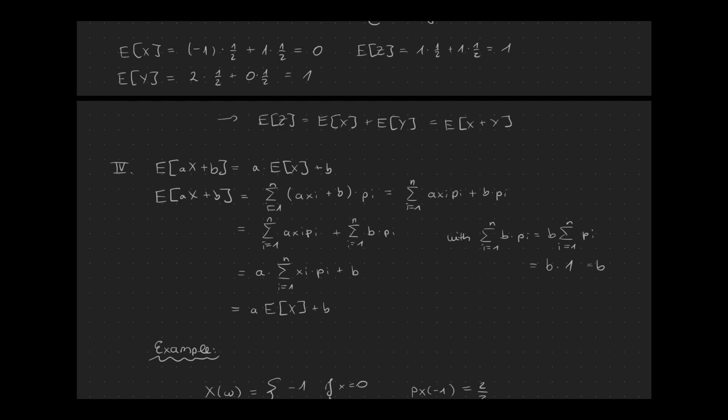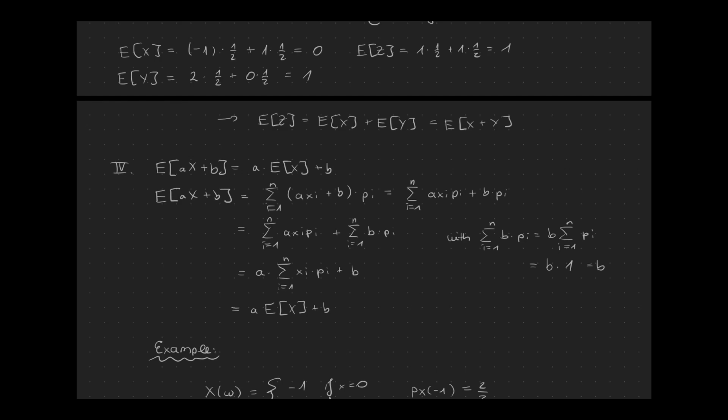This can be shown in the following way. So we just have to write out our expectation value formula again, where we are summing over a times xi plus b and the whole expression times pi, right? What we then can do, we can again multiply pi inside of our bracket and then split the sum on those two terms.